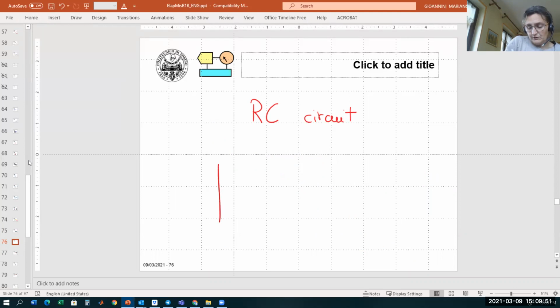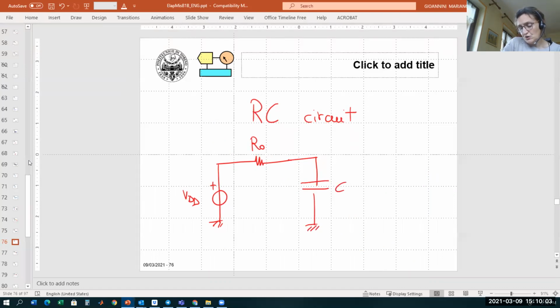Indeed, I have a voltage source, which is VDD, a resistor, which is RO, and a capacitor, which is C input, with the initial condition that is VB at 0 minus of about 0 volt. Okay? So I have to plot now the voltage VB(t) as a function of time.